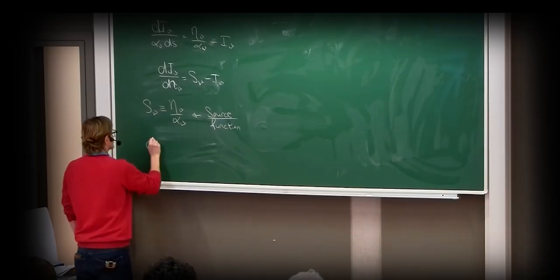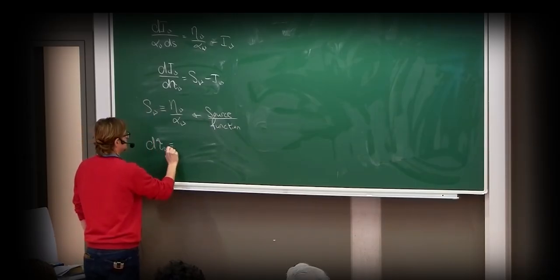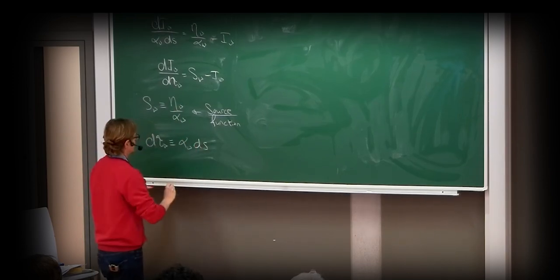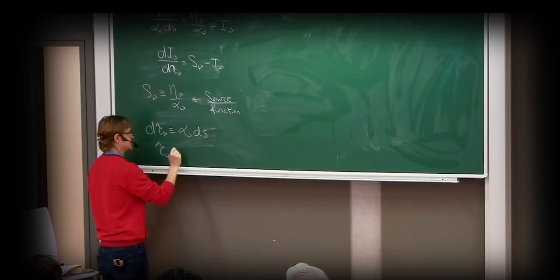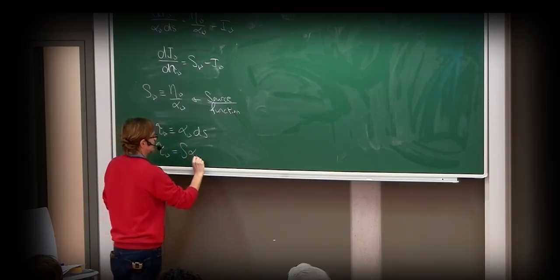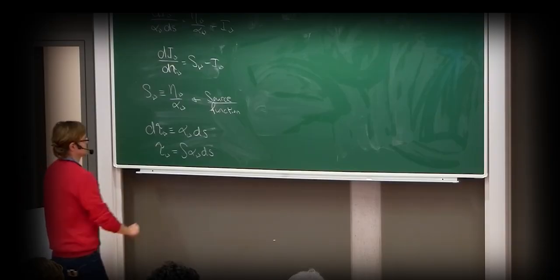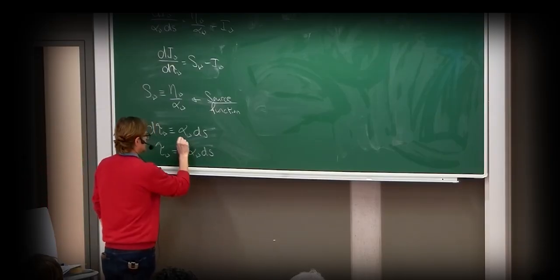Now, this other quantity, d tau nu, is defined as alpha nu ds, or if you do an integral, tau nu is the integral of alpha nu ds. If you put limits, you can put this between S1 and S2.